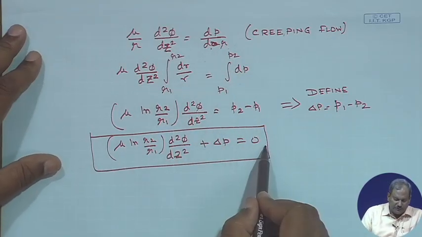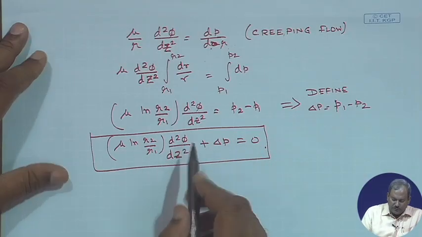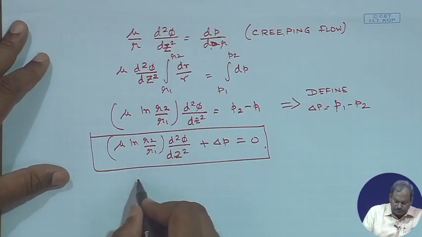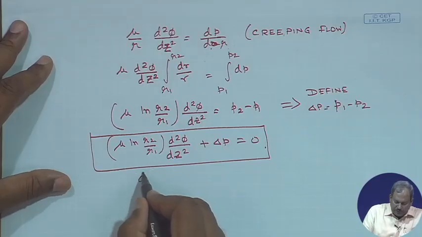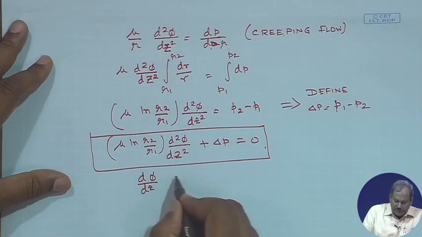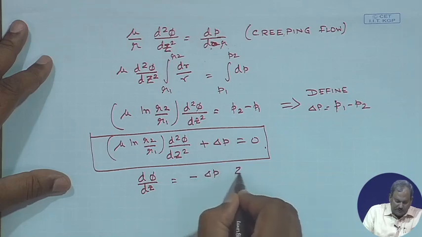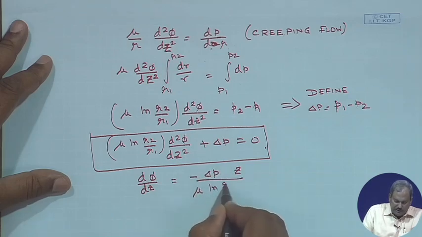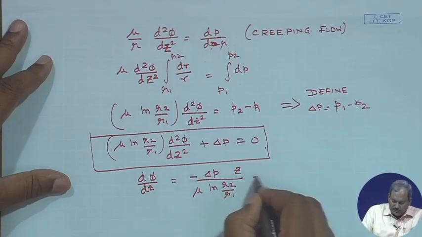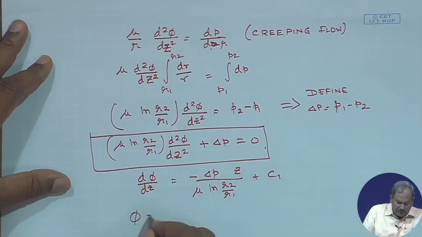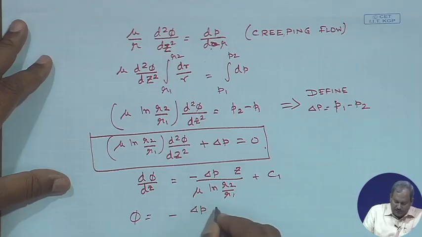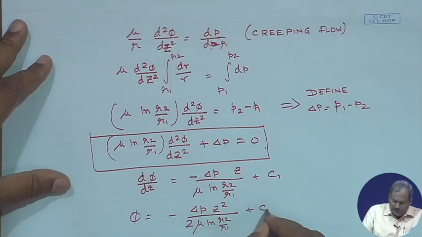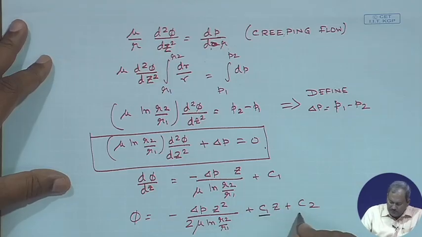What I do next is I find out what is d phi dz, which would be minus delta p z by mu times ln r2 by r1 plus c1, and finally phi to be equal to minus delta p z square by 2 mu ln r2 by r1 plus c1 z plus c2, where c1 and c2 are constants of integration.